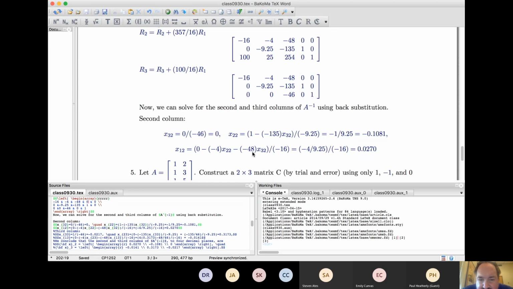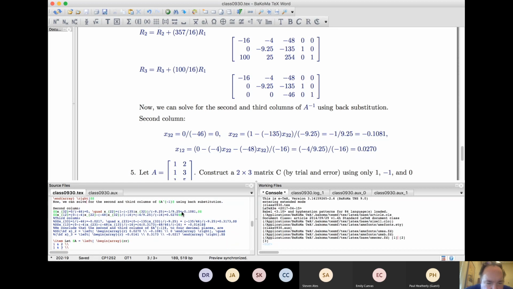Oh, sorry, I need to fix a mistake here. This element, minus 0.1081, that is x22. That has to go down here, so I need to fill that in. Okay. So this part is 0. This part is 0 because x32 is 0. All that's left is this.